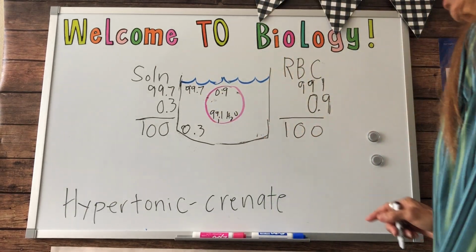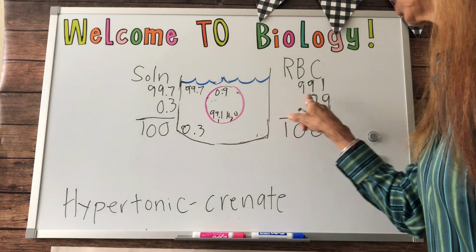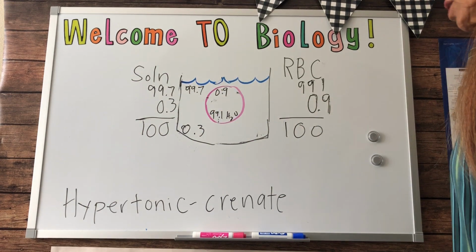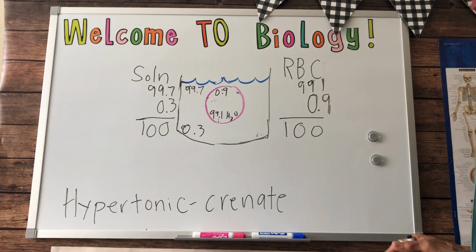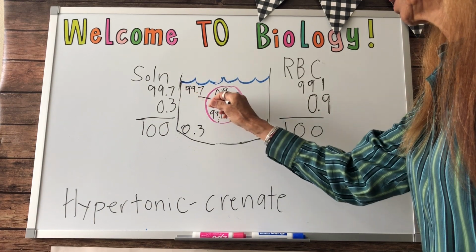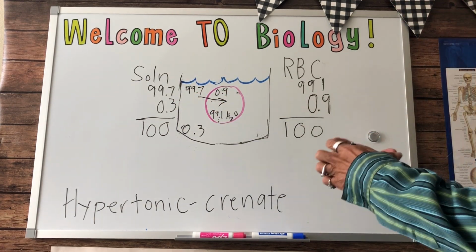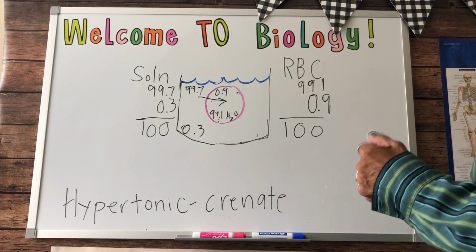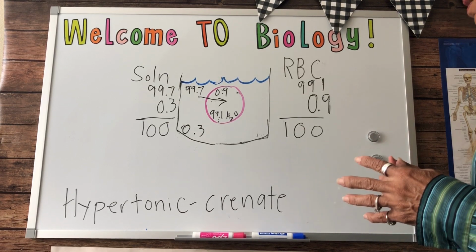In this case, we see that the water concentration inside is still 99.1. Here it's 99.7. So if I were to ask you which way will the water go, you would say that it would leave the solution and go into the cell. And just think of it like the cell being a balloon, because the plasma membrane is not that strong where it can withstand large amounts of pressure.